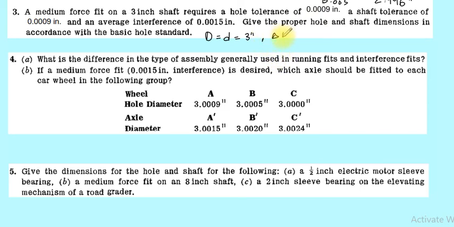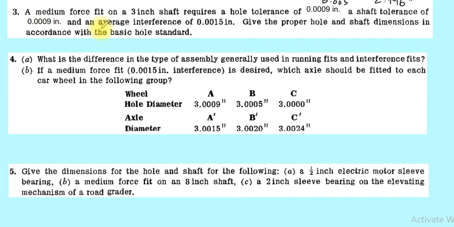So you have delta D and delta small d, equal to 0.0009 inches. And okay, I am going to erase this information which is not necessary to give you a hint.